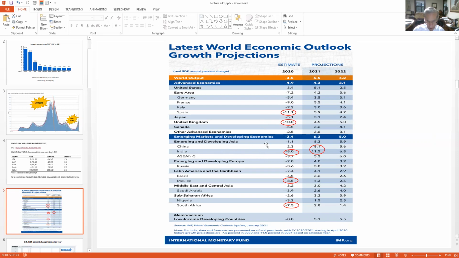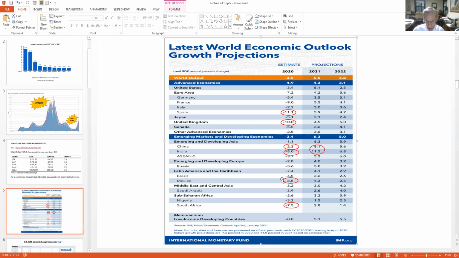When we get down to the emerging countries, I should probably have put one other circle here, and that's to cover China, because China had a positive change in its economy, not nearly as high as in prior years, but still positive. All the other countries had a decline in their economies.